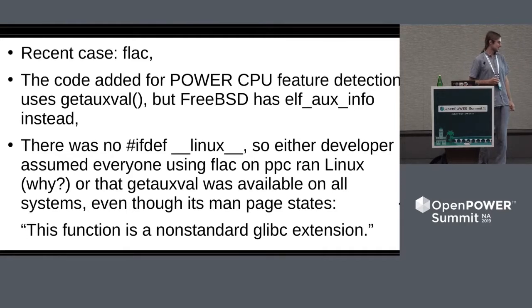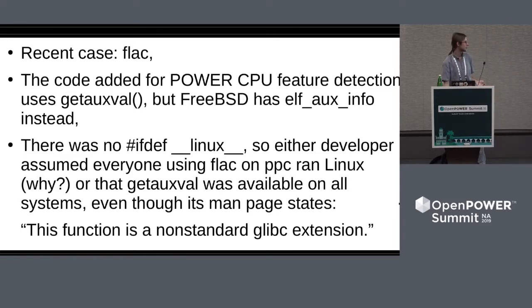And there's no ifdef for other systems. FreeBSD actually has the elf_aux_info function because it's a little incompatible with getauxval. So it was made on purpose that it has a different name. And there was no ifdef. So the developer assumed everyone was running Linux, or that getauxval was available everywhere.